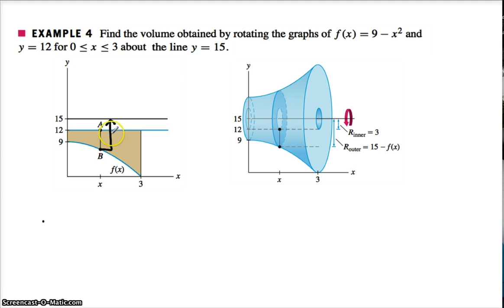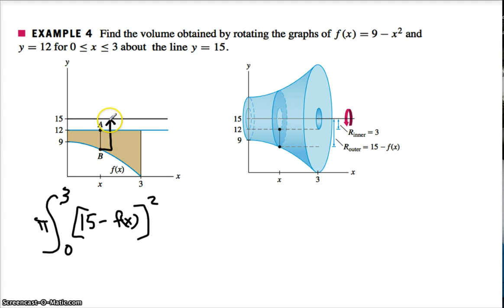So the difference between 15 and f of x is this actual radius of rotation. So that will be 15 minus f of x. That would be the radius, so we have to square that. Let me set up the integral here. We're going from 0 to 3, and I'll put the pi out here.